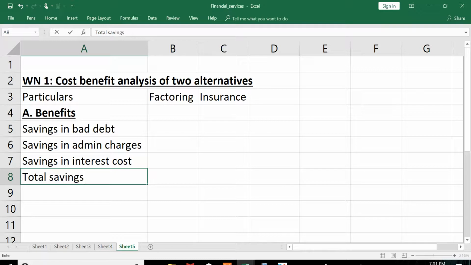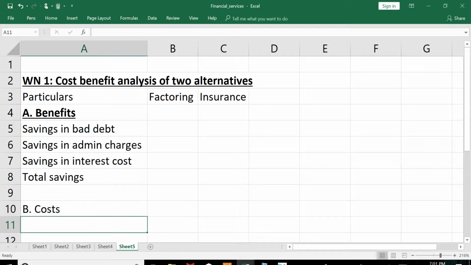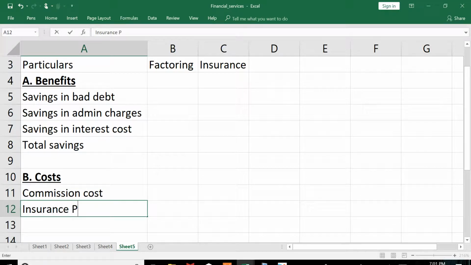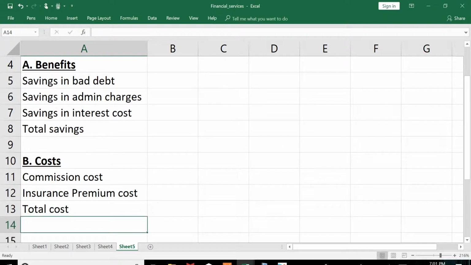Total savings. Capital B, costs. Commission cost, insurance premium cost. Total cost, and net cost and net benefit.